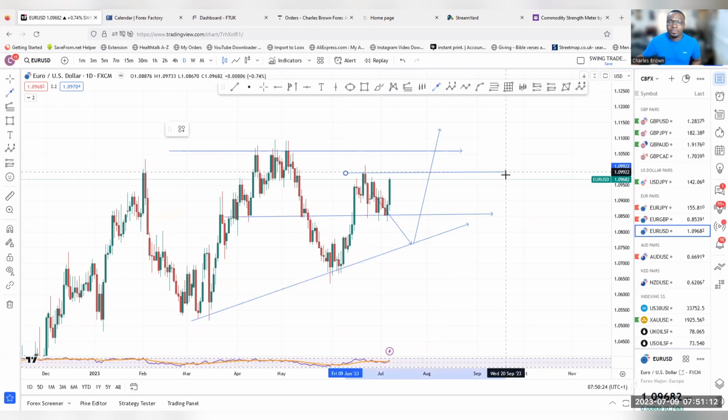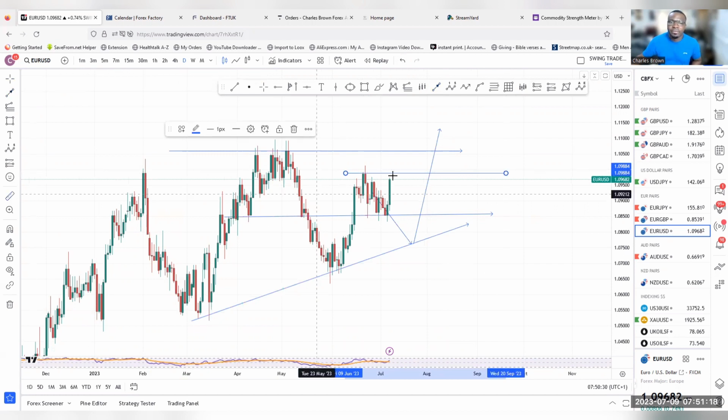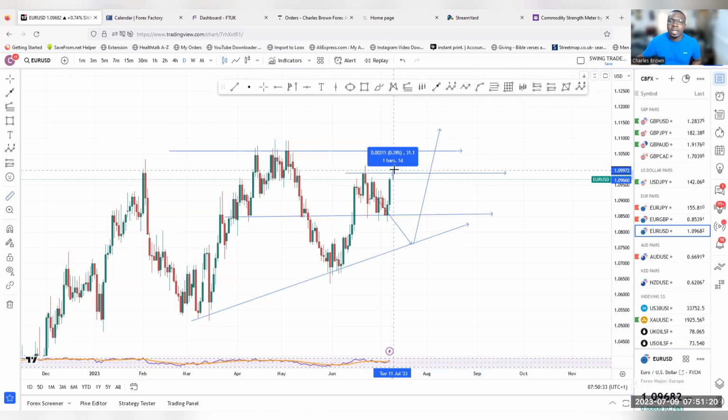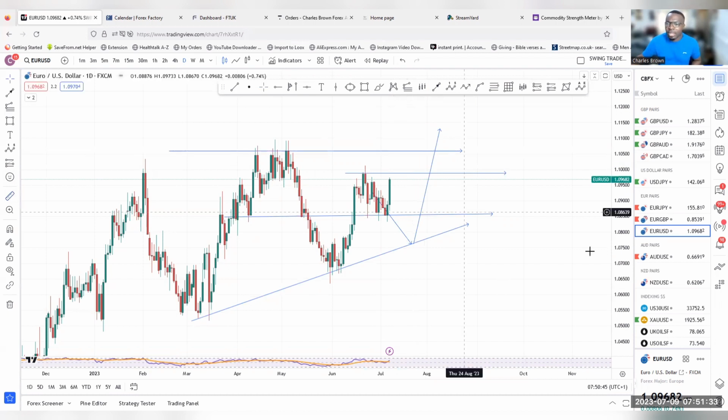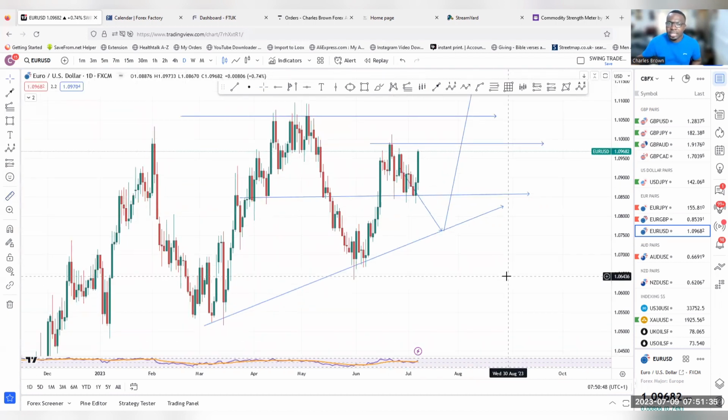So first of all, this is the daily time frame. If you check from here to here, I'm breaking the high, maybe about 30 pips. But from here where the price is, from here to that high is about 70 pips. Great trade for scalpers, right? Even day traders can catch that.